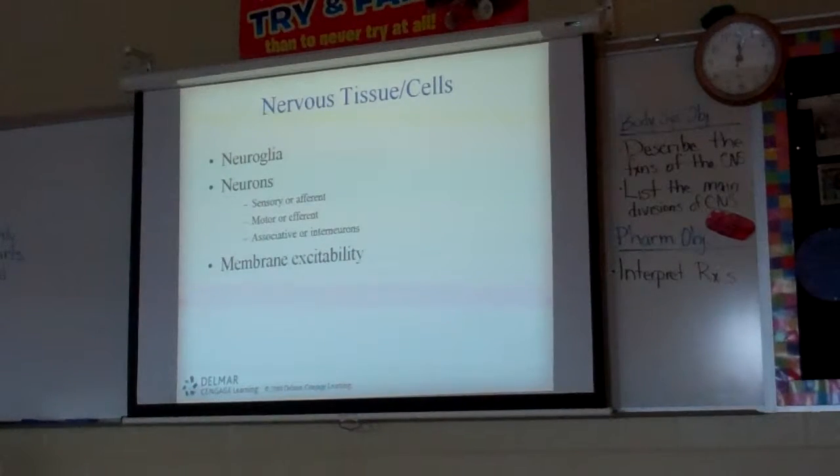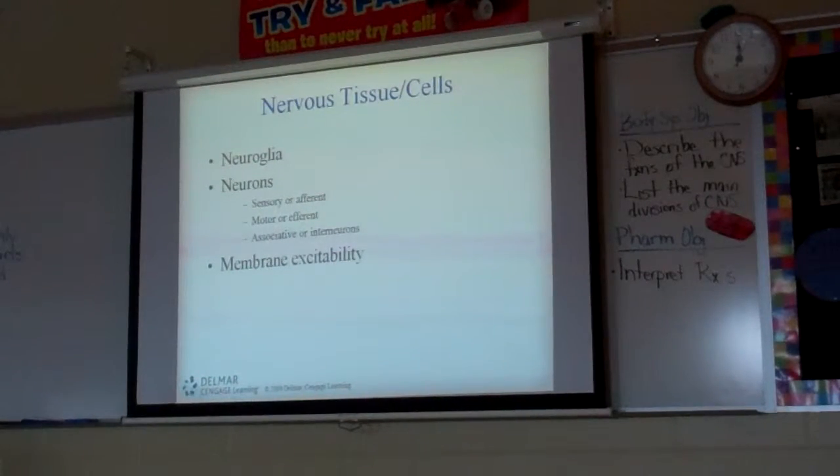Oh, okay. Alright, so just remember that afferent neurons send signals to the brain. Or another way to remember it is away. Send signals away from the sense, to the brain or away from the sense, the sensory neuron.